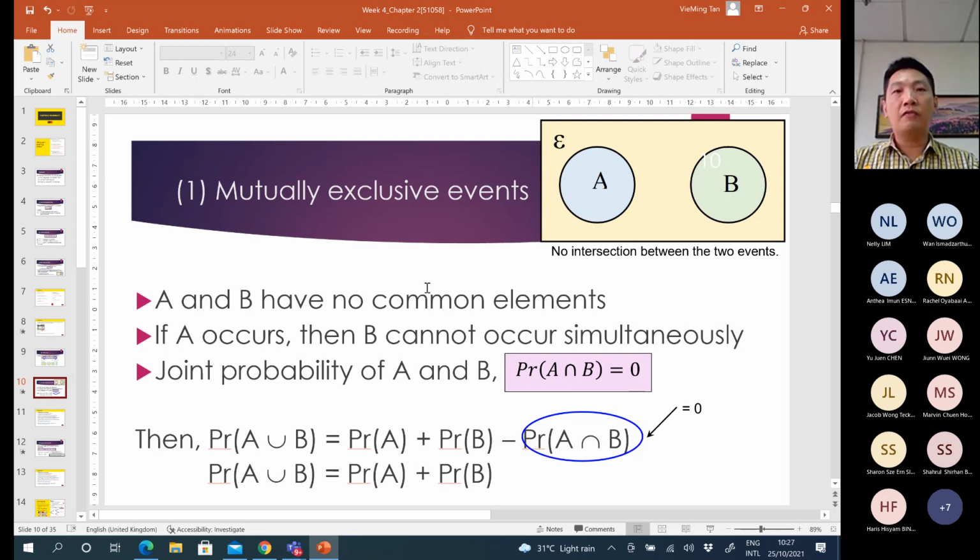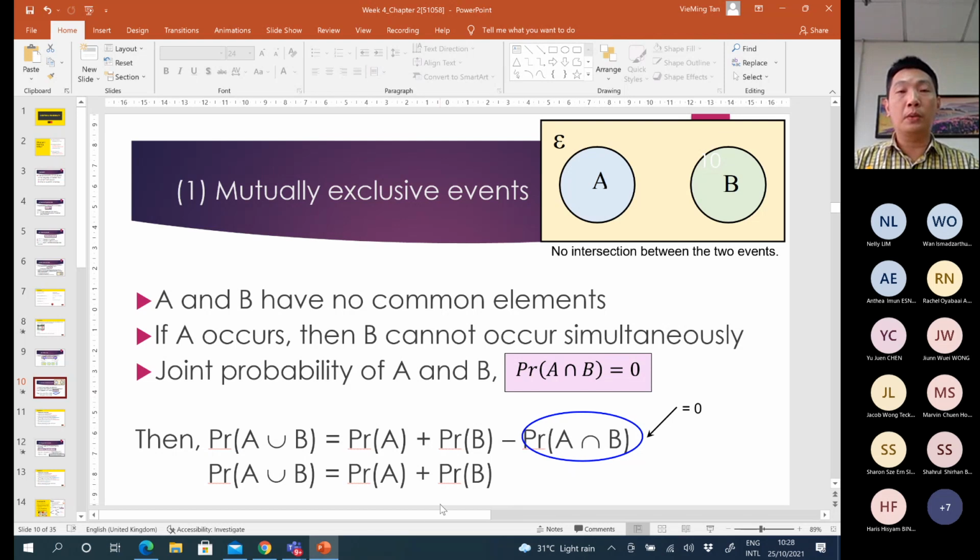Then we can say that for mutually exclusive events, A intersect B is always equal to 0 because they are not overlapping. So the chance to have similar elements between A and B would be 0, because A and B never intersect for mutually exclusive events. Because of this, we can simplify.